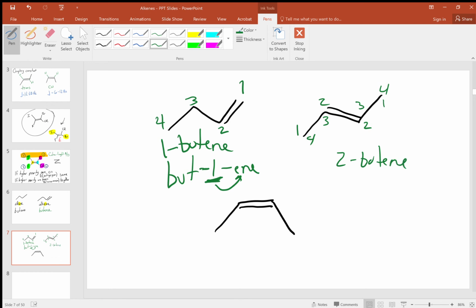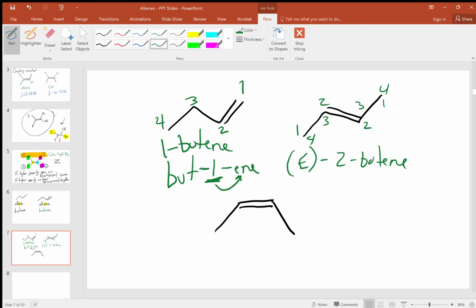But we also need our E and Z. So this first one, are the higher priority groups on the same side, or are they on opposite sides? We can see here that they are on opposite sides. And so that makes this molecule E.